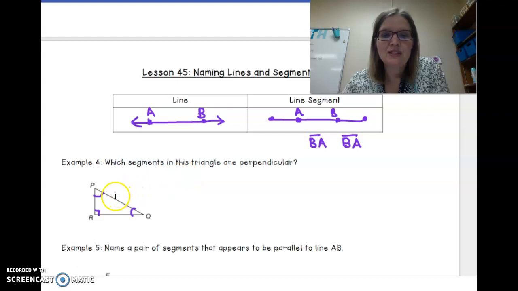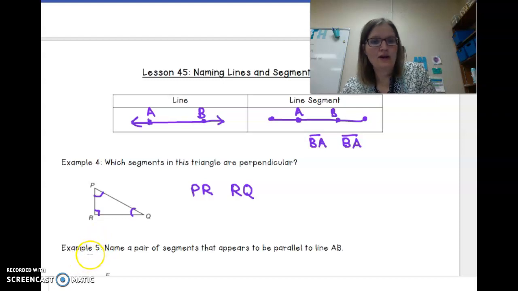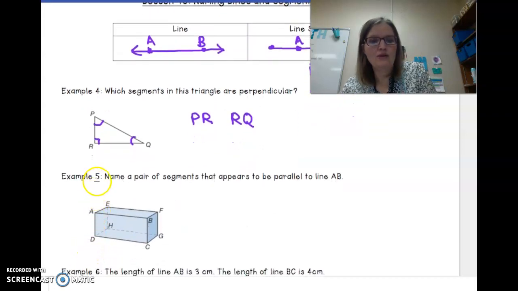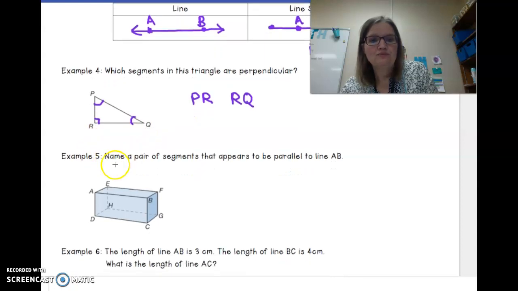So we need to look at our segments of P and R, and then our segment of R and Q, because these are our segments through here.